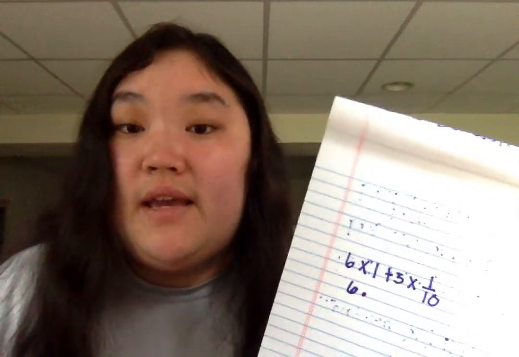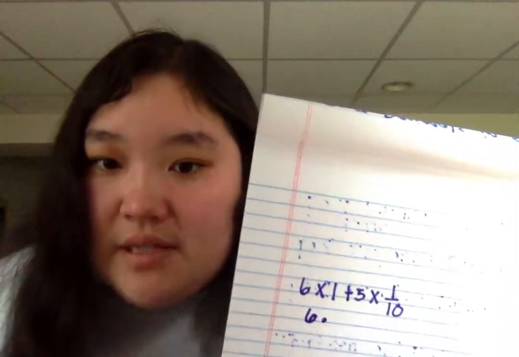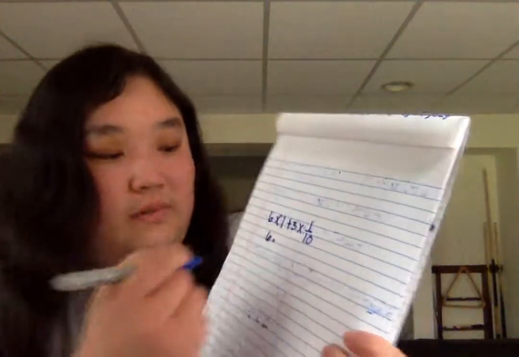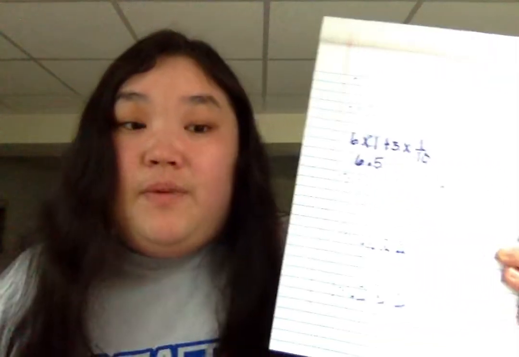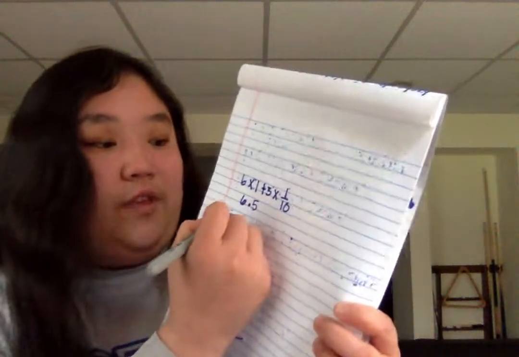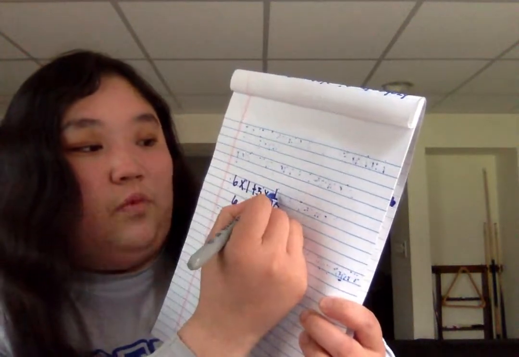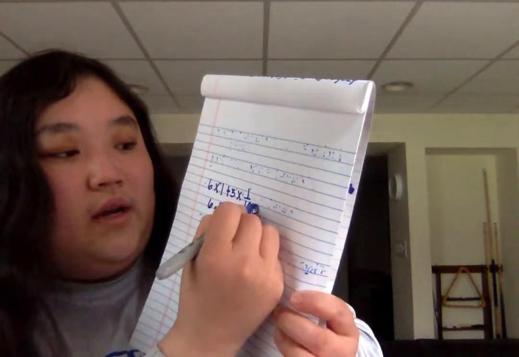That's basically saying 5/10. Okay? So your decimal is going to be 6.5. For instance, if it had 5 times 1/100, it would be saying 5/100th. So if it was times 1/100 instead of 1/10, your answer would now be 6.05.